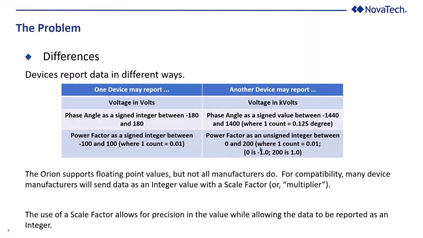This is just in the case where the device is not able to or chooses not to report values in decimal, which would be called a floating point value, but instead uses an integer value and there's a multiplier involved, and we'll get into that in a second. That's what we call a scale factor.